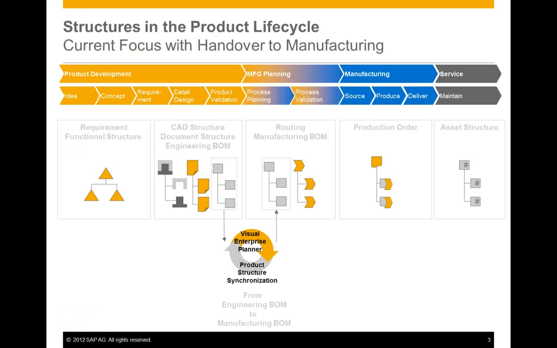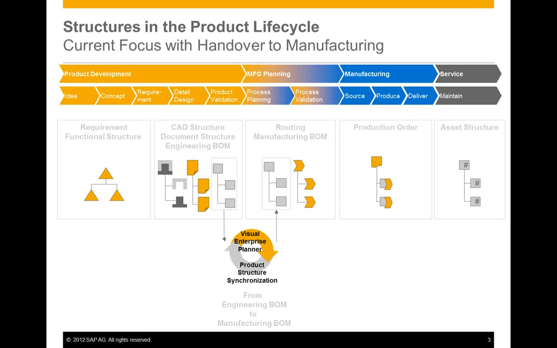During the life cycle of a product, there are several structures by which the product is represented. In the first, it could be a requirement structure, but also any other kind of early documentation. Then the product is represented by a design structure, which is held in a document structure, and then this will be attached to an engineering structure, which should have a complete documentation of the product from an engineering perspective.